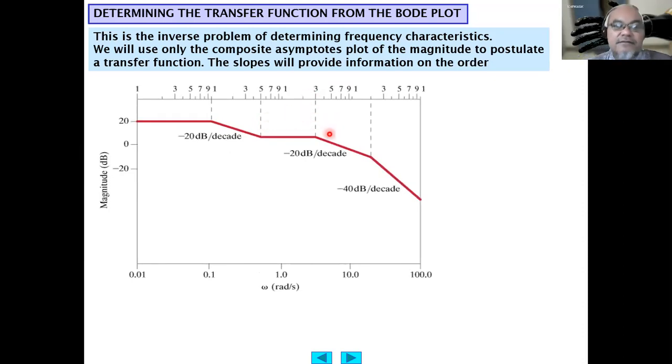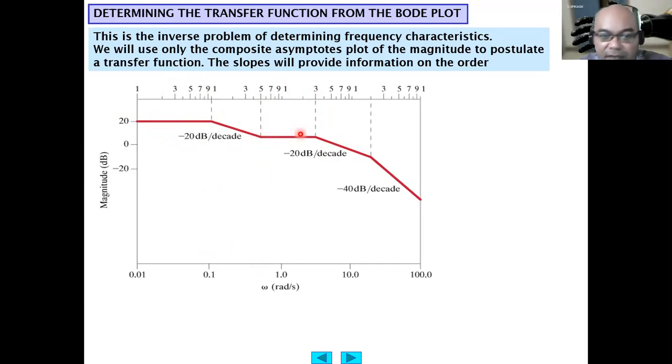Okay, now we have this Bode plot from 0.01 radian per second until 0.1 radian per second. It is flat at 20 decibel. Then afterwards, it decreases by 20 decibel per decade from 0.1 radian per second until 0.5 radian per second. So the first break frequency is 0.1 radian per second, and the second break frequency is 0.5 radian per second.